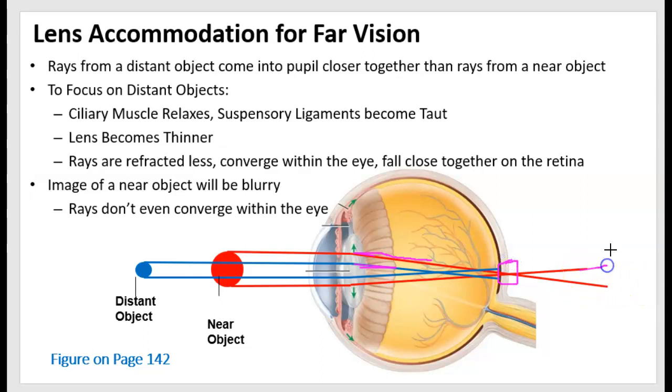And the focused image will even happen out of the eyeball. Not that it ever gets out of the eyeball, but if it could, it would be focused beyond the length of the eyeball. So this just underlies the importance of needing to be able to change the shape of the lens to focus on either distant objects or near objects.